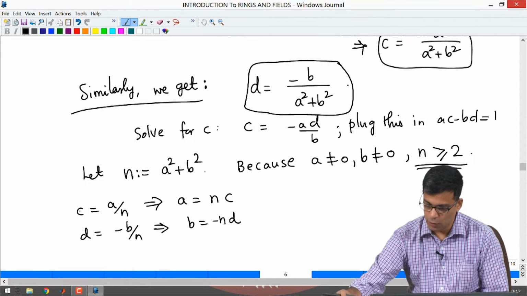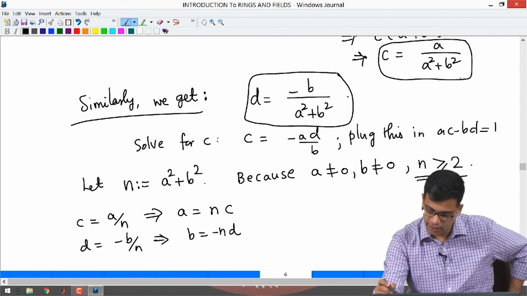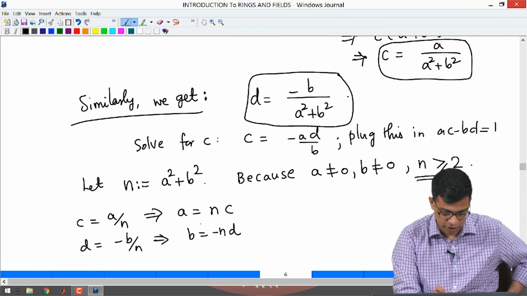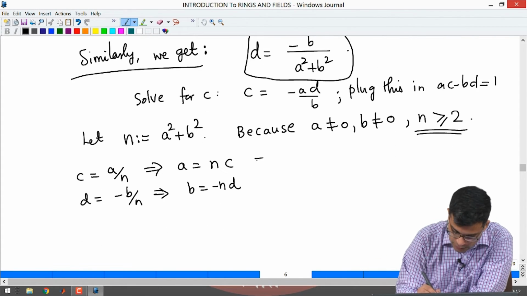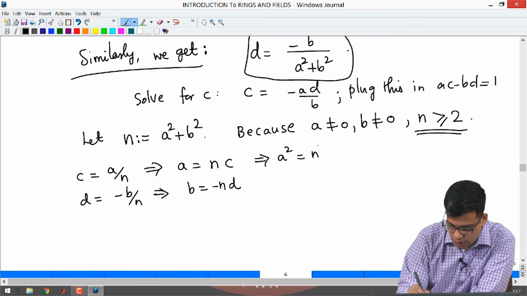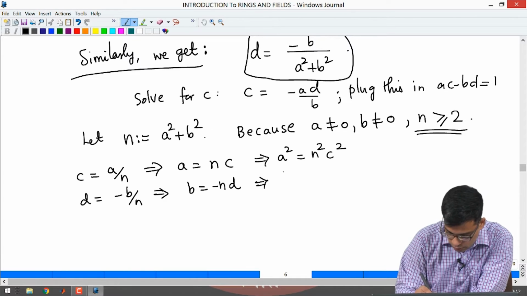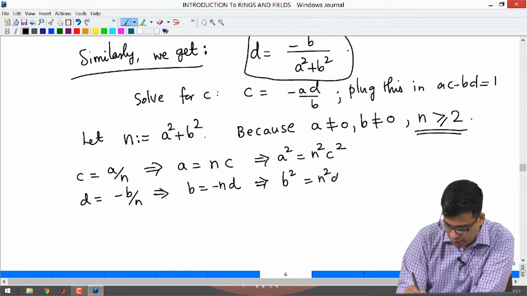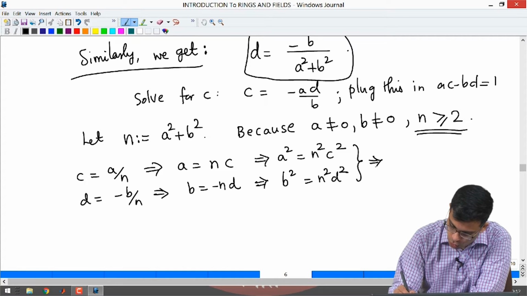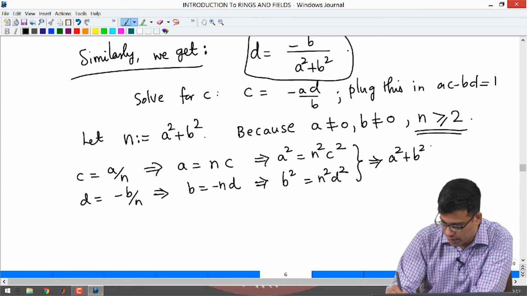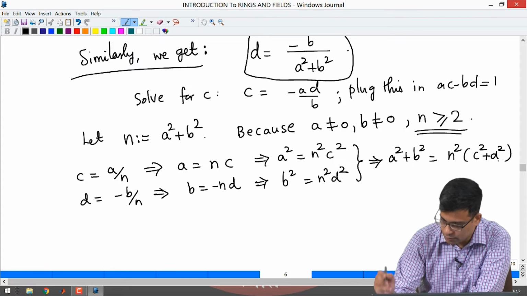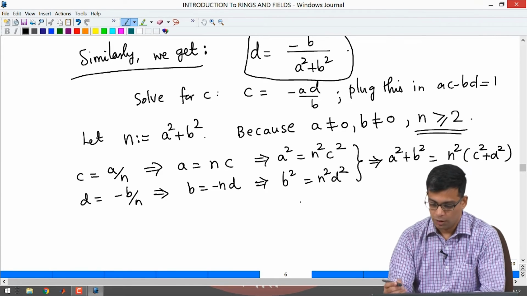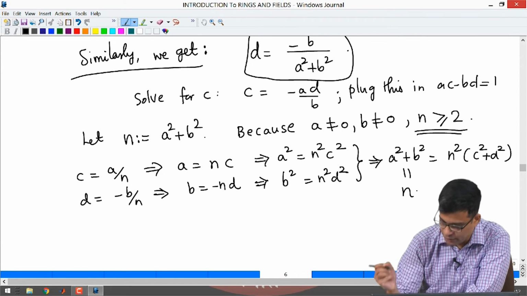So, I have in this box C equals A by N, N is A squared plus B squared. So, A is NC, B is minus ND. So, this tells me that A squared is N squared C squared, and B squared is N squared D squared. These two together tell me that A squared plus B squared is N squared times C squared plus D squared, right. I am adding these two, but A squared plus B squared is by definition N.